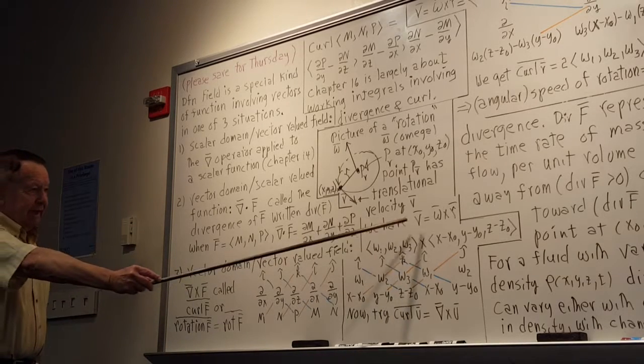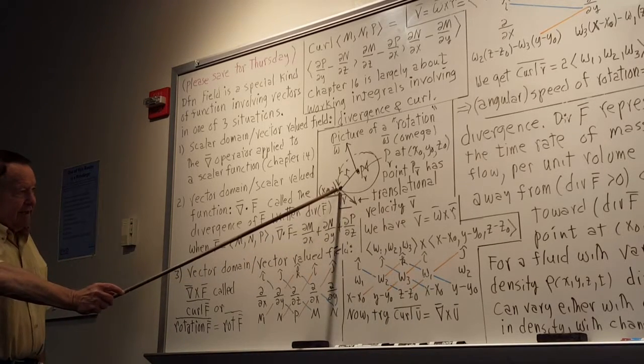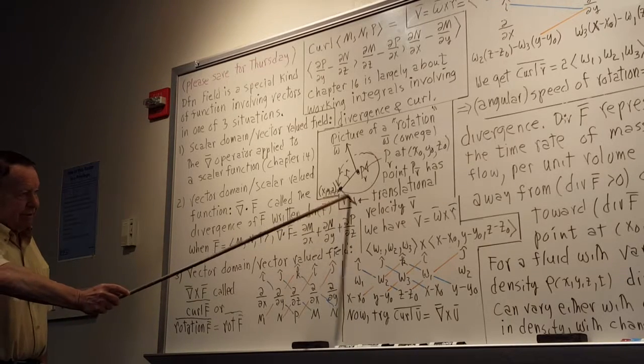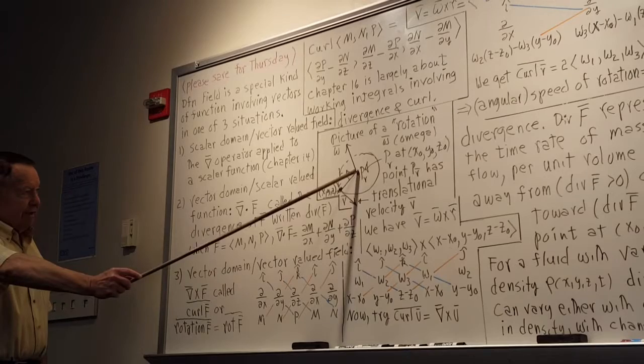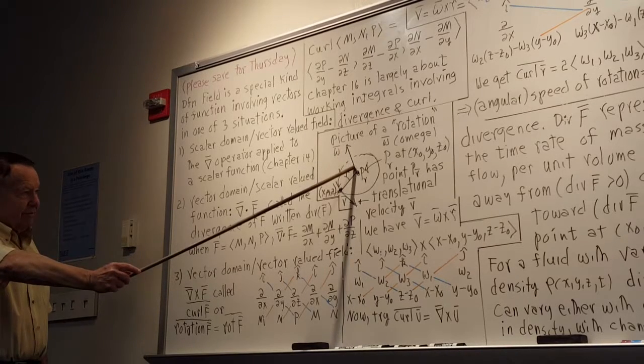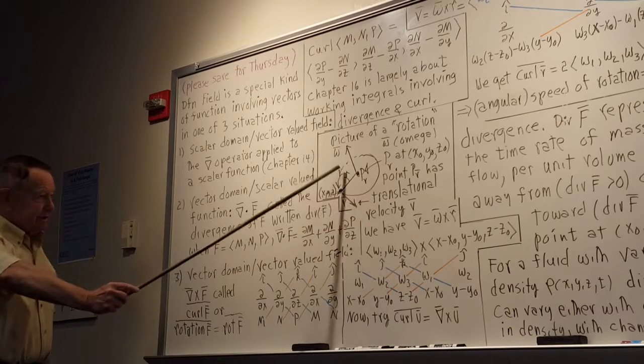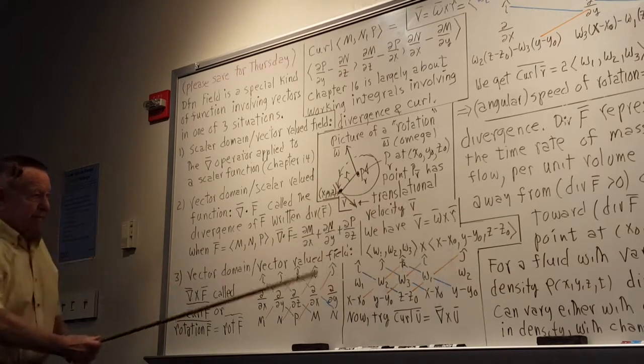So what we have is that the translational velocity out here in the tangent is the rotational vector omega crossed with the radius r. So this r is a vector.